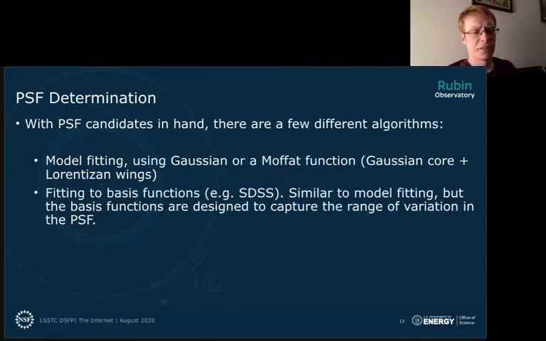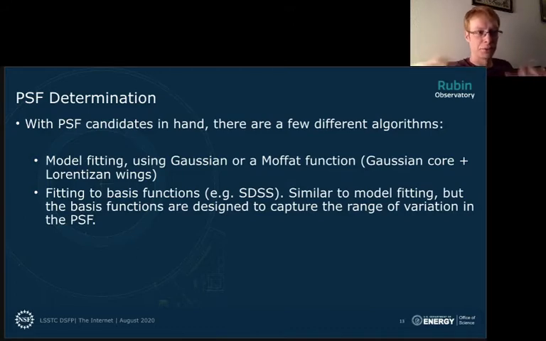In surveys like SDSS, what they did is they had a series of basis functions. The series of functions gives you a bunch of shapes, and you can fit the normalizations of those different shapes in order to capture both the shape of the PSF itself and the variation in that shape across the sensors, because with the telescope optics and the atmosphere you don't get a nice, constant PSF over such a large field of view in a survey telescope.